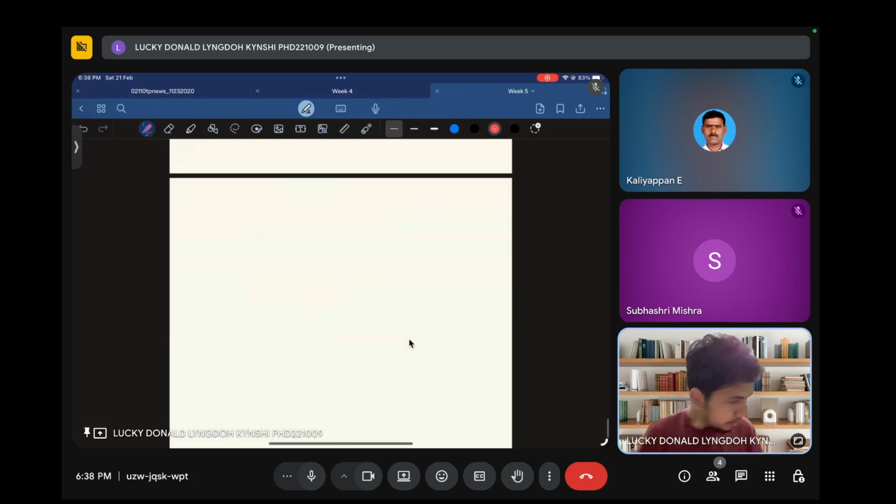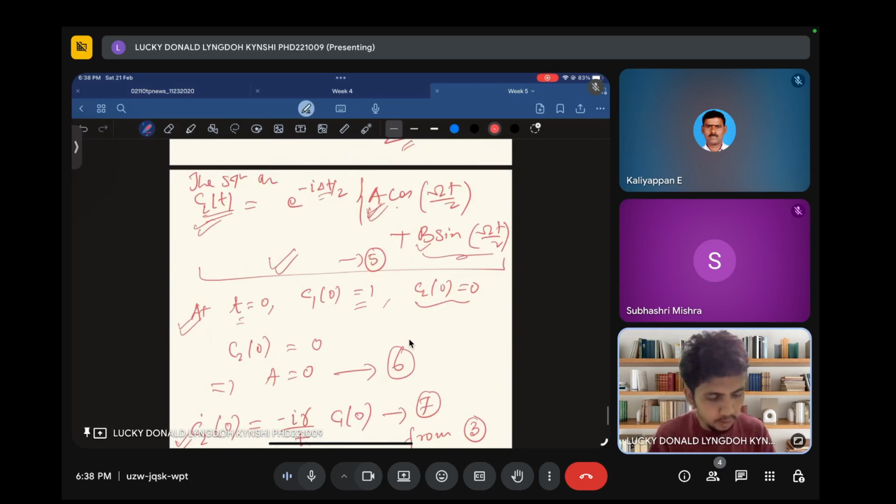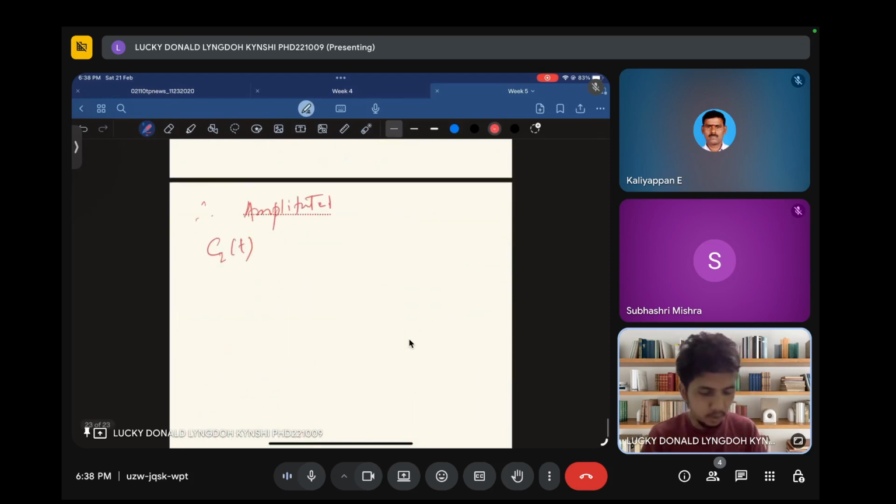Now therefore, what happens to the amplitude C2 of t? Now you know what is the constant A, and you know the value of the constant B. You can just substitute it in that equation. You will get e to the power minus i delta t by 2, times 2 i gamma by h cross omega, times sine omega t by 2.